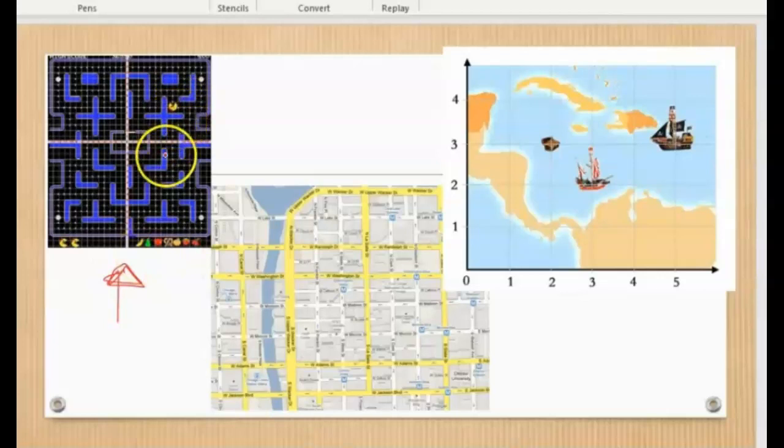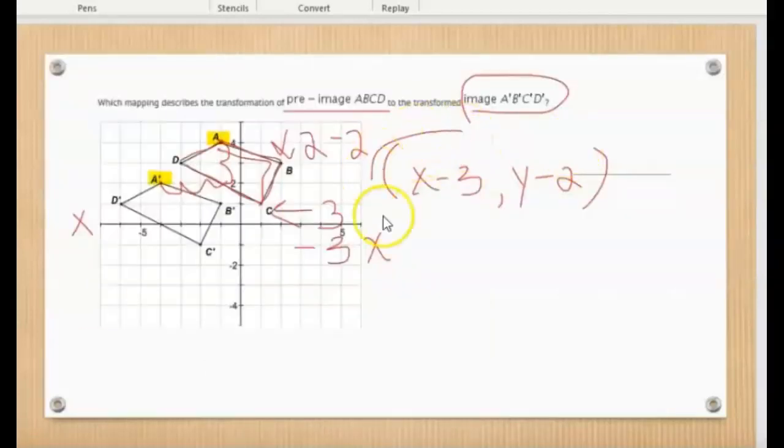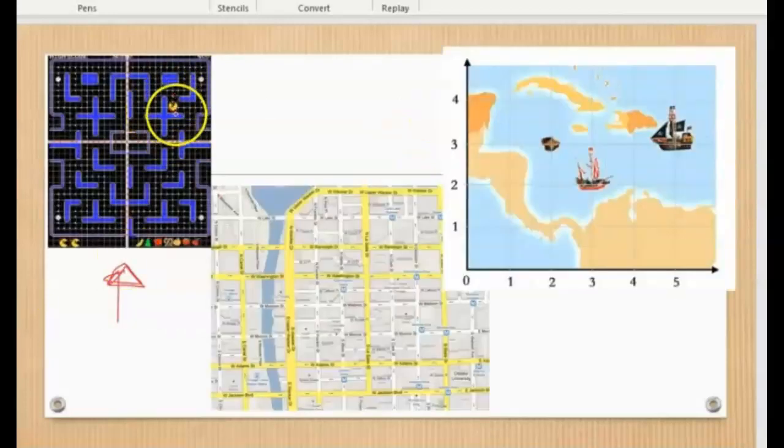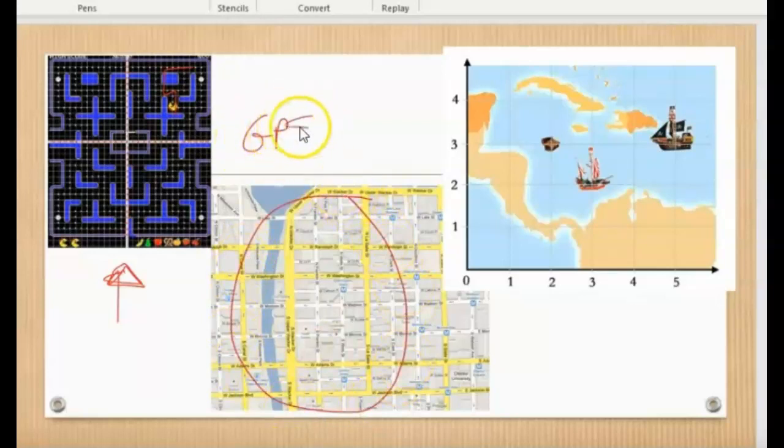The people who actually programmed Pac-Man used these transformation rules, literally, in the programming to make the shape go up, down, left, right. Isn't that cool? And the same with GPS. This is a map of the global positioning system. It uses some aspects of this. And this is just another map showing the GPS system.